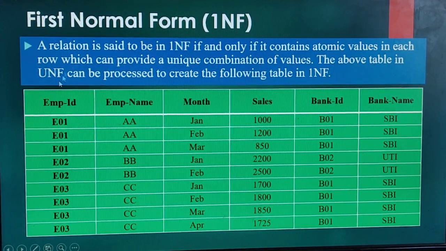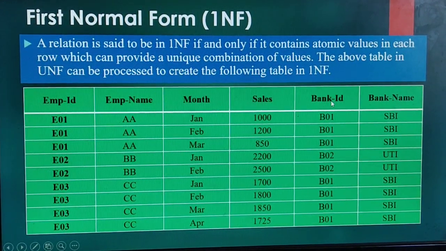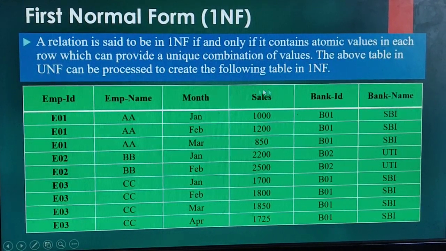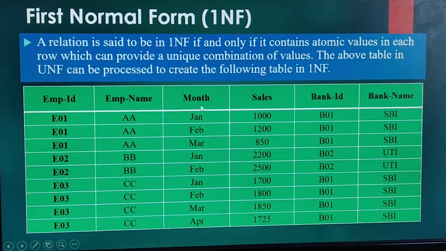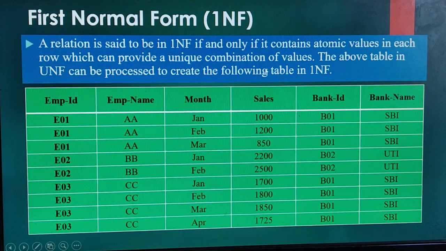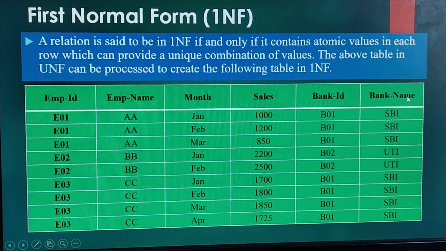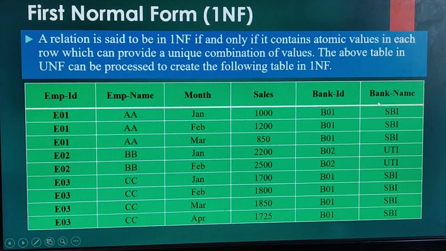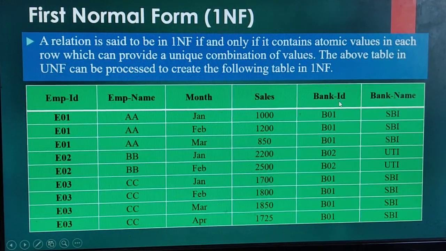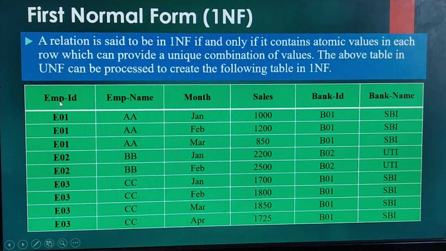Month is also fully dependent on employee ID, and bank ID is also fully dependent on employee ID. So employee name, month, sales, and bank ID are all fully dependent on employee ID, except bank name. Why? Bank name is fully dependent on bank ID.